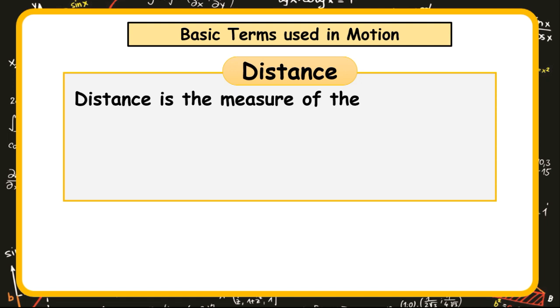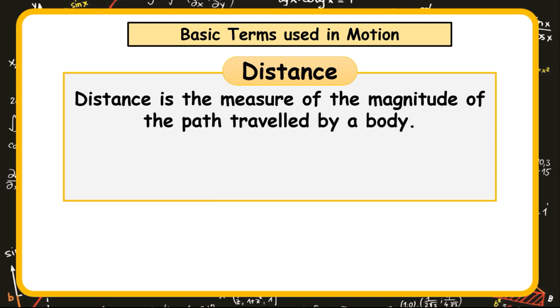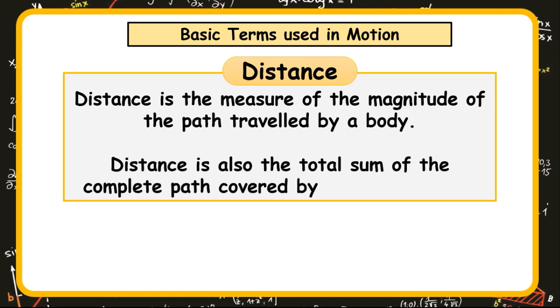Friends, distance is simply the measure of the magnitude of the path traveled by a body. I will explain in detail in about 2 or 3 slides from now. You can also say distance is the total sum of the complete path covered by a body in motion.